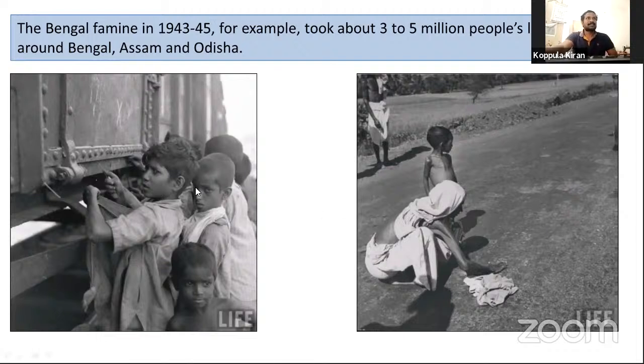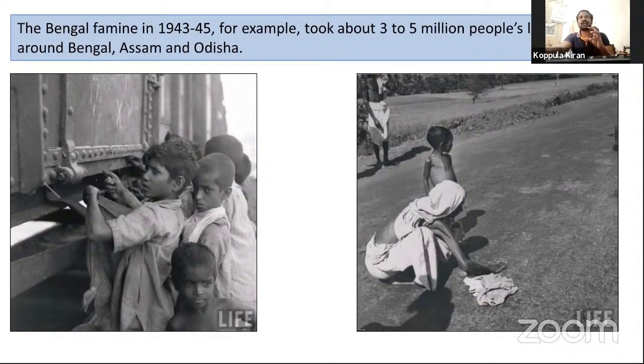From these pictures, you can understand what happened in 1943 in Bengal, particularly in Kolkata, the capital city of West Bengal. See this, the Bengal famine in 1943 and 45, for example, took about 3 to 5 million lives around Bengal, Assam and Odisha, with extreme starvation deaths.